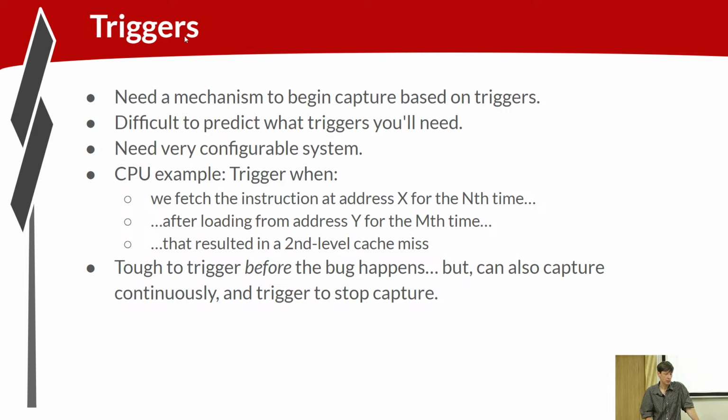Another aspect of this that's important is figuring out the triggers that you can use to initiate trace capture, for example, right? So triggers are kind of similar in that you don't know what bugs are going to pop up post-silicon. This is all guesswork. So there are various conditions that may be relevant to the bug, right? Cache miss, or I don't know, a fault condition, or access to some particular memory address that you can set up, right?